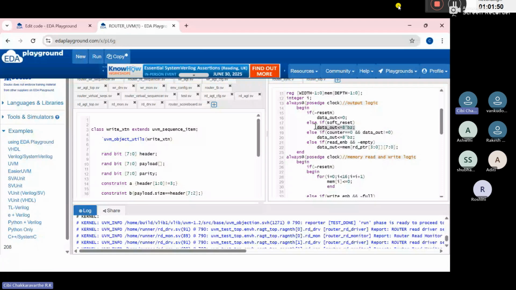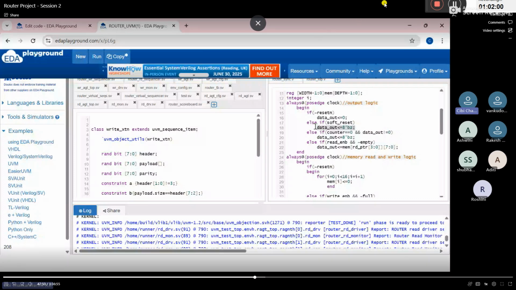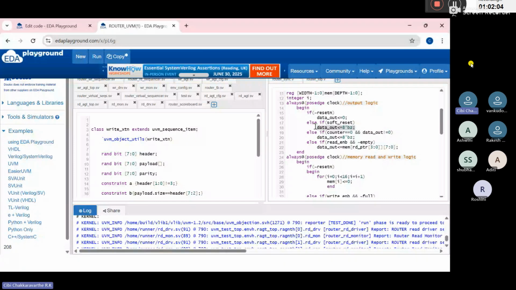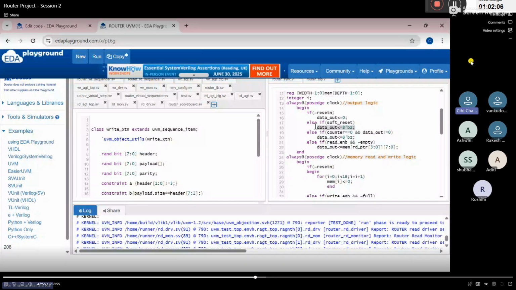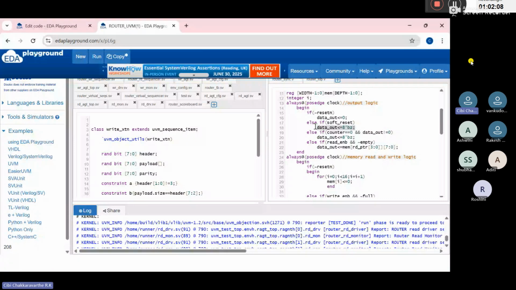See, once again I am telling clearly, hard reset in the sense, reset done by us. If you are doing reset, then the packet, the data inside, will completely become 0. See here, the output data is 0. But soft reset is not done by us.